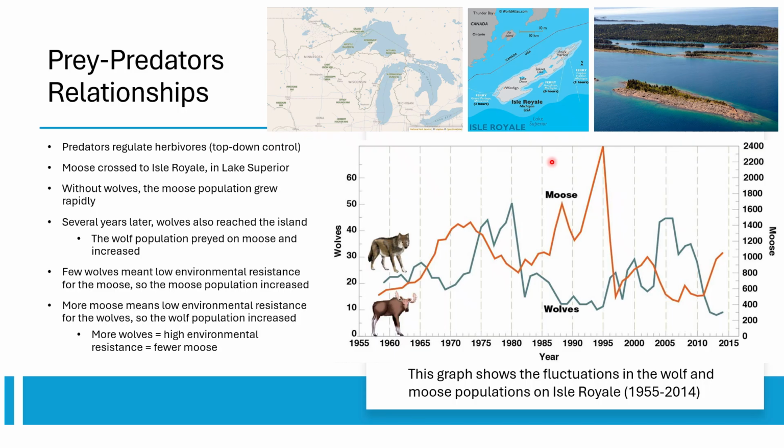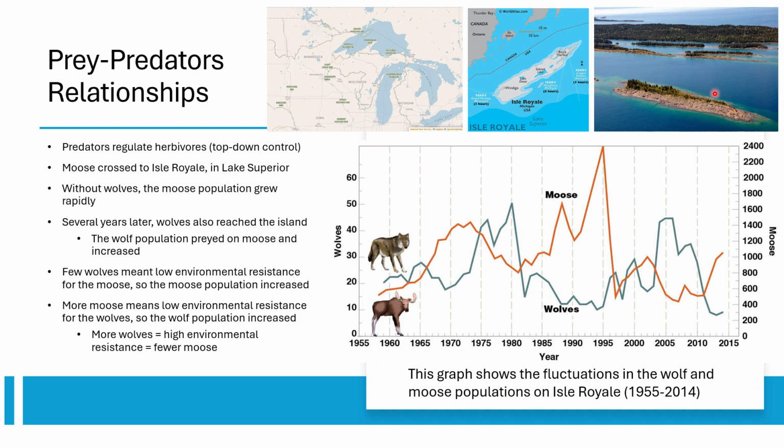So let's look at a more traditional, if we may say, prey-predator relationship. Prey and predators, the predators are very important because they regulate the population of their prey. And this is very important in particular when the prey is an herbivore.